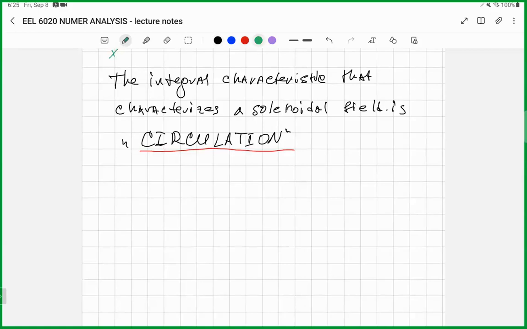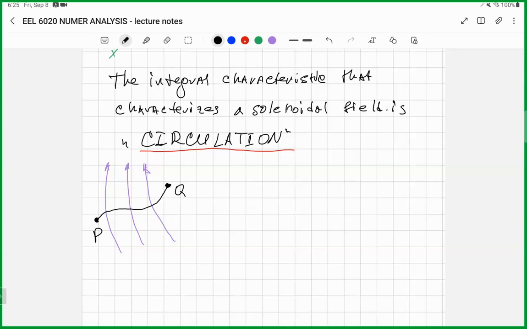So let's consider a field of arbitrary shape like this. And in this field, I have 2 points, one point and another point. And I move from the point P to the point Q by a trajectory like this.